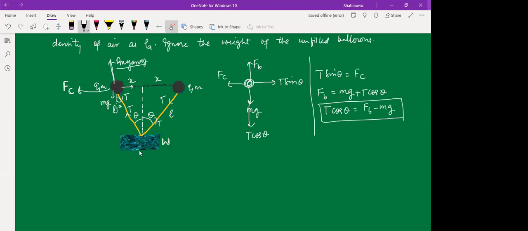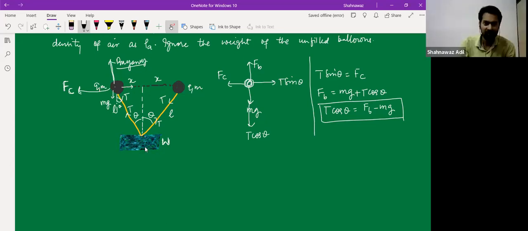Yes. And now let us consider the free body diagram at this point. So this is the known quantity, the weight, and we equate all these equations with this weight. At this point, we have this weight in the downward direction. And this tension has this component, which is T cos theta, and this tension has this component, which is also T cos theta.